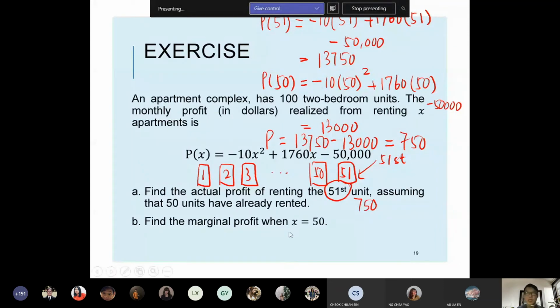Now, question B. As I mentioned earlier, question A is for comparison, just for us to understand the concept better. In the exam, you don't have to use this method.